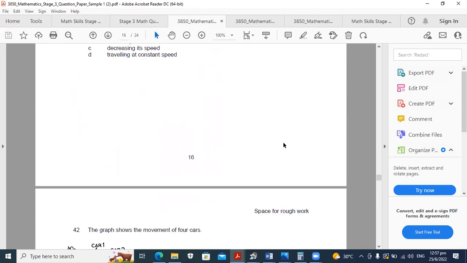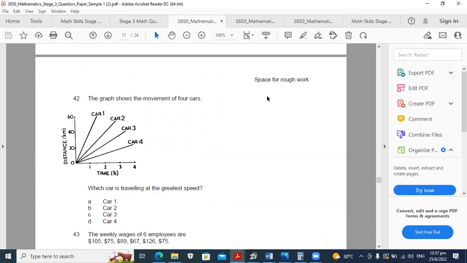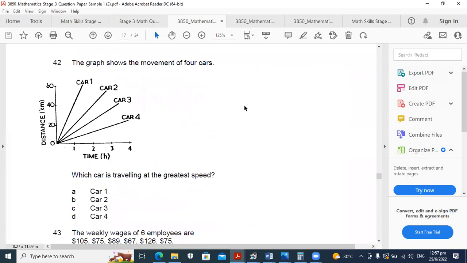All right, you know what? Like with this speed-time thing, let's look at 42. What do you think the answer is?